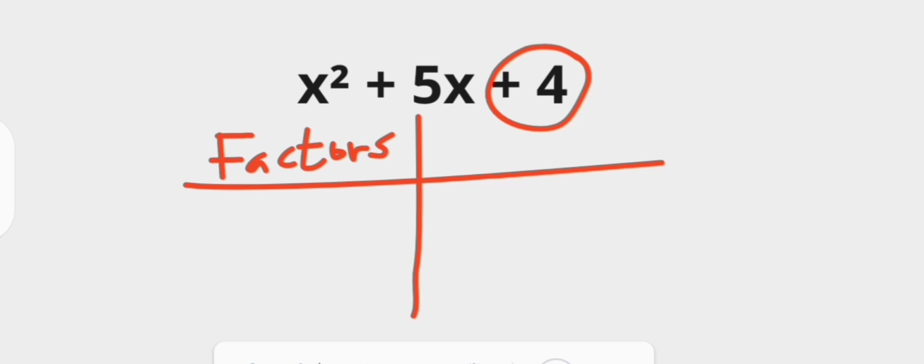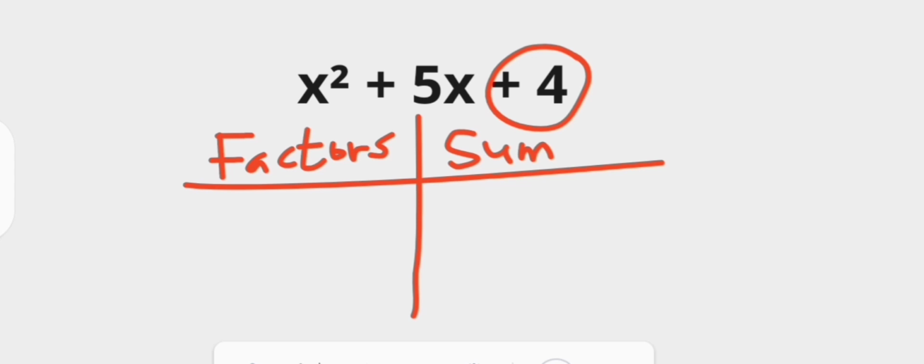Equally, we will also look for the sum of these factors. Now, because this is the first example, I will want us to list all the factors here. But with practice, and as time goes on, you won't have to list all the factors. You can almost instantaneously get the factors that will work in every expression.